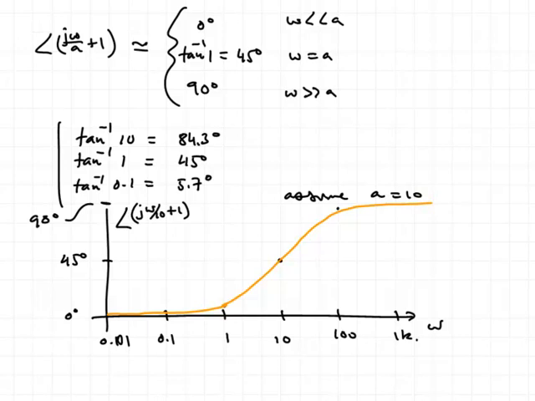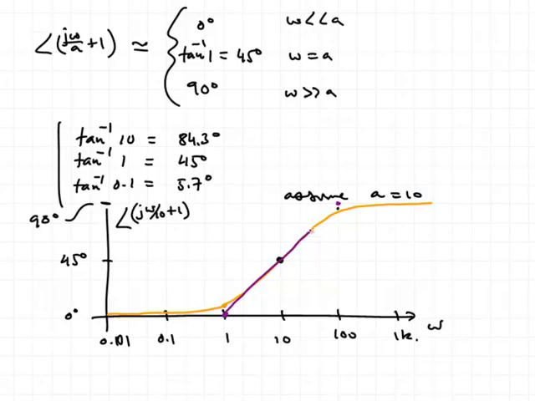But we're going to do a straight line approximation by pinning the phase right at 45 degrees when we're at the corner frequency, and we're going to claim that essentially the phase finishes transitioning a decade above and a decade below that frequency. So we're going to draw something that's going to intercept here, it's going to intercept here.